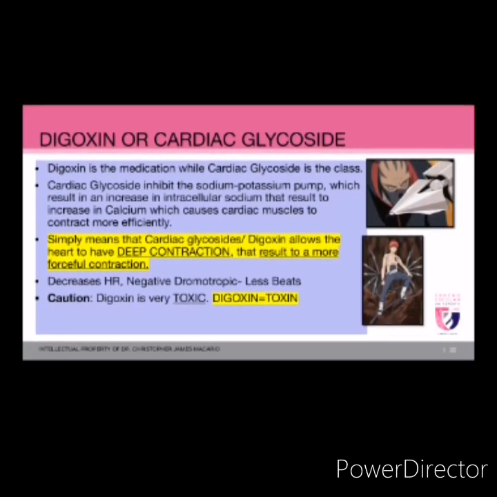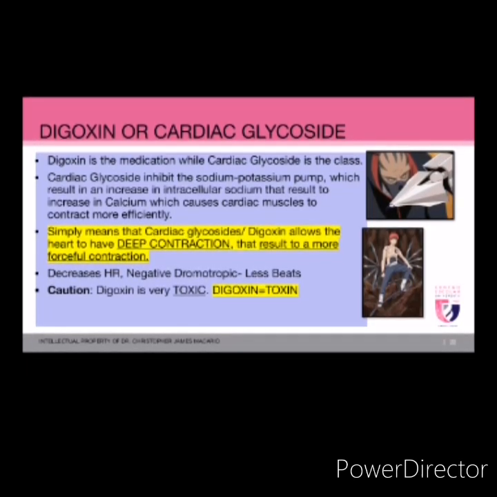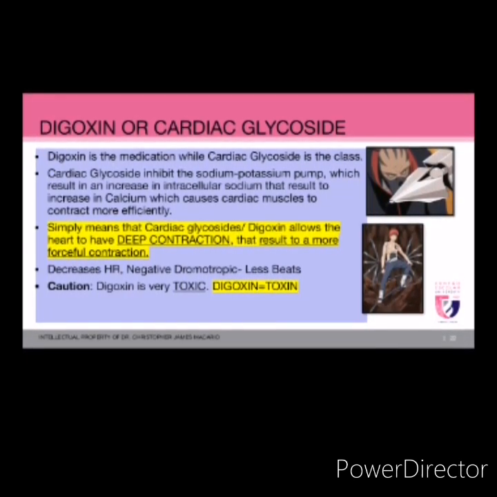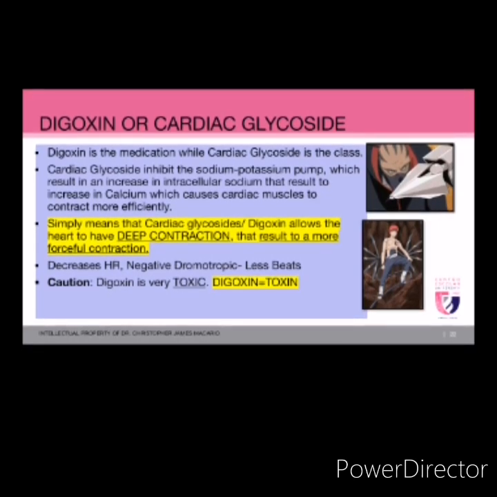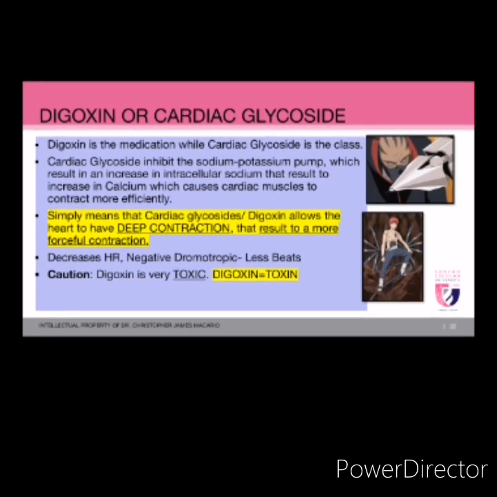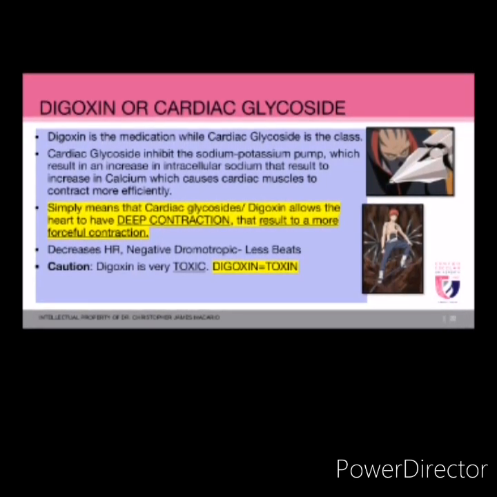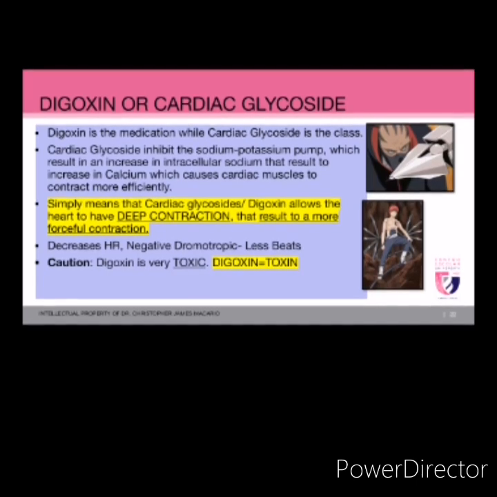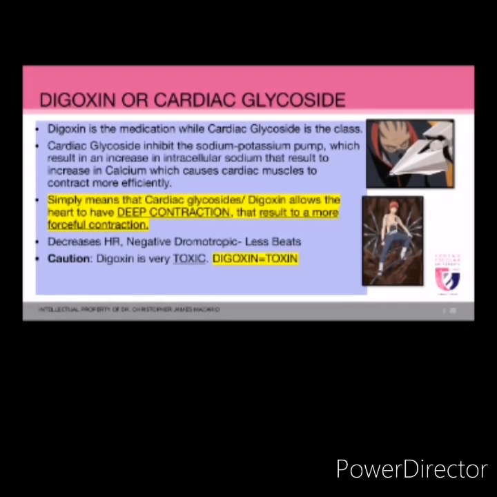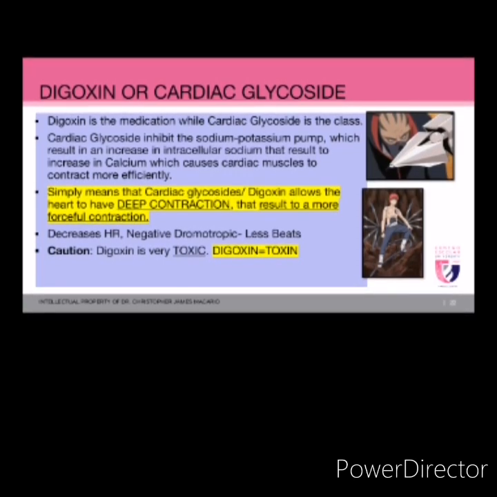So, yung ginagawa ng digoxin, okay, from labdab, labdab, labdab, yung heart natin, nare-relax. So, ang ginagawa niya, labdab, labdab, labdab. Ano ginagawa niya? Mas bumabagal yung heartbeat natin, and on top of that, gumaganda yung cardiac output natin. Is that good? Yes. Why?